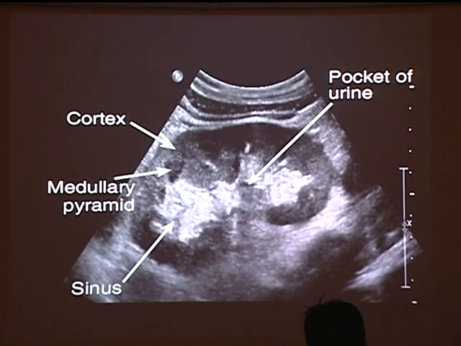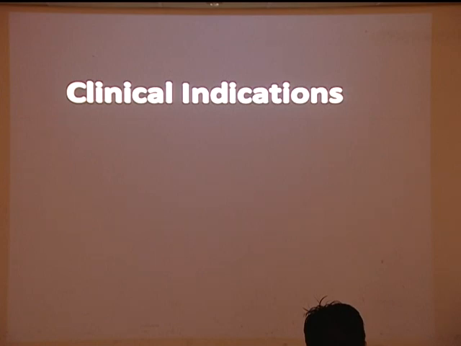This is what the left kidney looks like. It's the same as the right kidney: cortex, and maybe you can find some medullary pyramids, with the hyperechoic sinus region. What are the clinical indications for us to do the renal ultrasound?